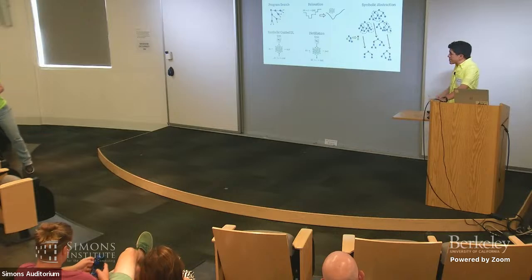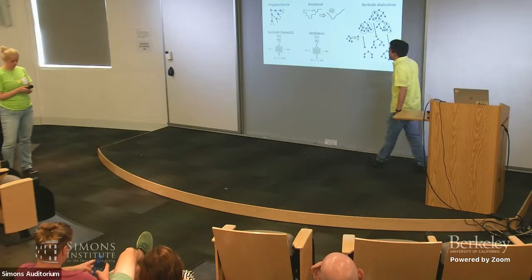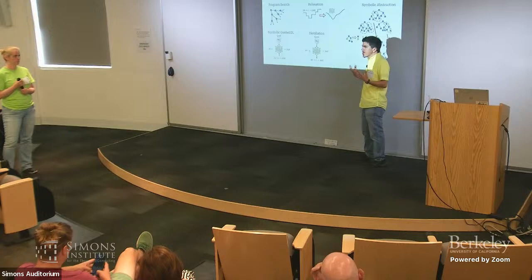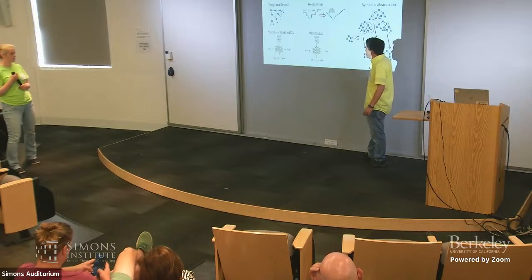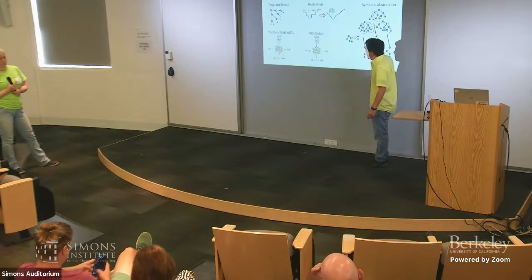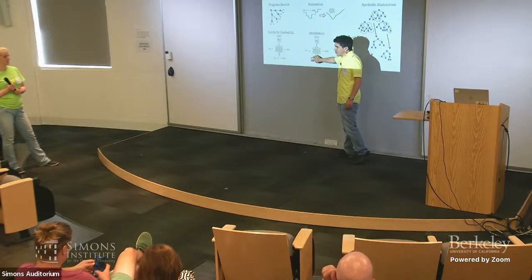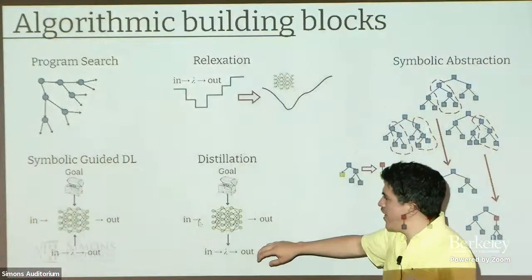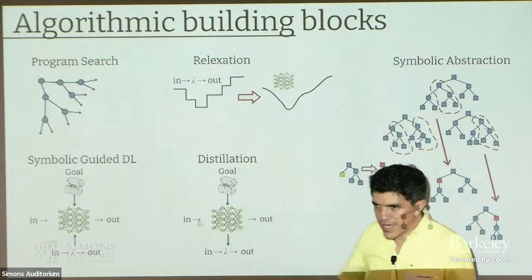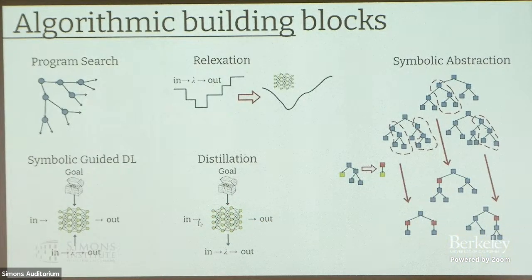Sure. So part of the idea is that if there is some regularity in the domain, then you can capture that within your domain-specific language in a way that might be difficult to capture with the neural network.